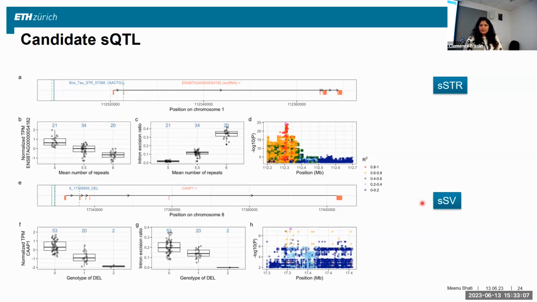And another example of structural variation: this deletion was also present upstream of the CAP1 gene. But here you can see that this deletion was actually causing a decrease in the splicing ratio of this particular intron cluster, which again was not fully overlapping with this gene.